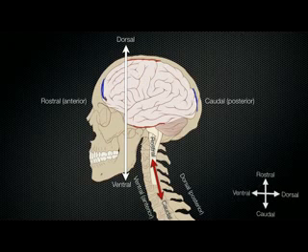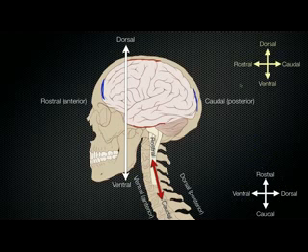Another way of looking at this is by looking at these little diagrams over here, where we have rostral, caudal, ventral, and dorsal. But when we get above the brain, it's a little different. It shifts. Rostral is no longer going towards the top, but now that's going towards the front. Caudal towards the back, dorsal towards the top, and ventral towards the bottom of the brain.